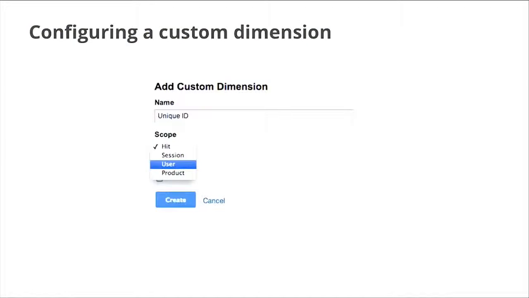So the two things you do is you tell us the name, and then you tell us what level. You can tie things to sessions, you can tie things to users, or you can tie things to product. The place where this can be very useful is if you're running specials, you can actually send in product level information and go, oh, this product was bought as part of this special, so later you could do analysis on how different specials apply to different products.